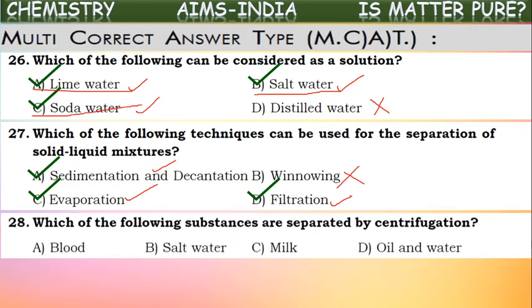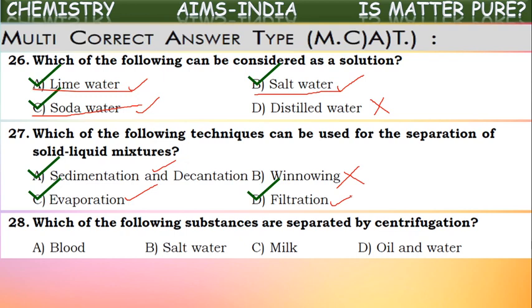Which of the following substances are separated by centrifugation? What is centrifugation? Separation of solid particles from a liquid by whirling that liquid solution with high speed. That is centrifugation. Generally, blood samples and milk samples are separated by using the centrifugation process.